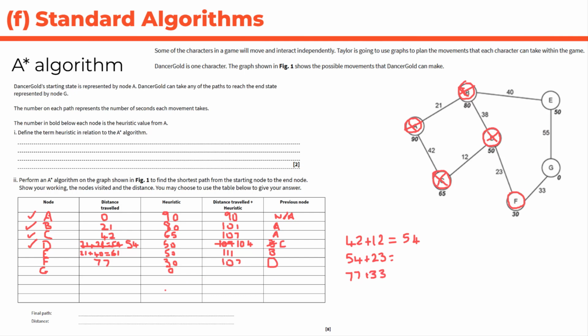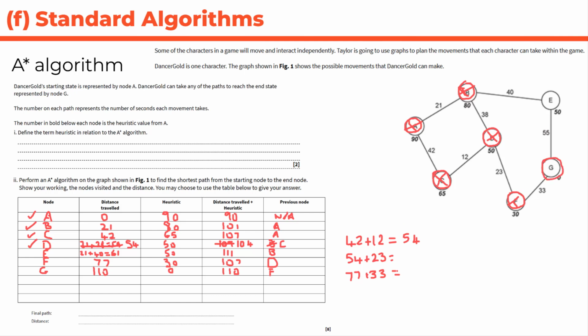So 77 plus 33 is 110, plus 0 cost, 110. We got there via the F node. Wonderful. I didn't go to E in the end, but I've ticked that off and I've arrived at G node.